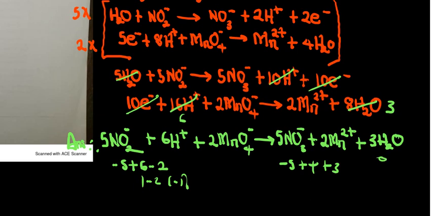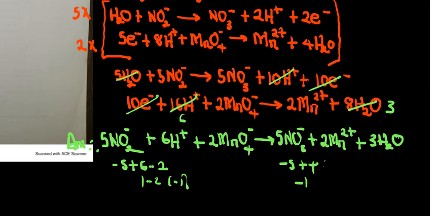There's no charge here. So you know that the oxidation number of an atom of a compound is 0 at its room temperature. So this is going to be -5 plus 4. I'm going to get -1. So you see that on the side of the reactants, I've got -1 here. On the side of the product, I've got -1.